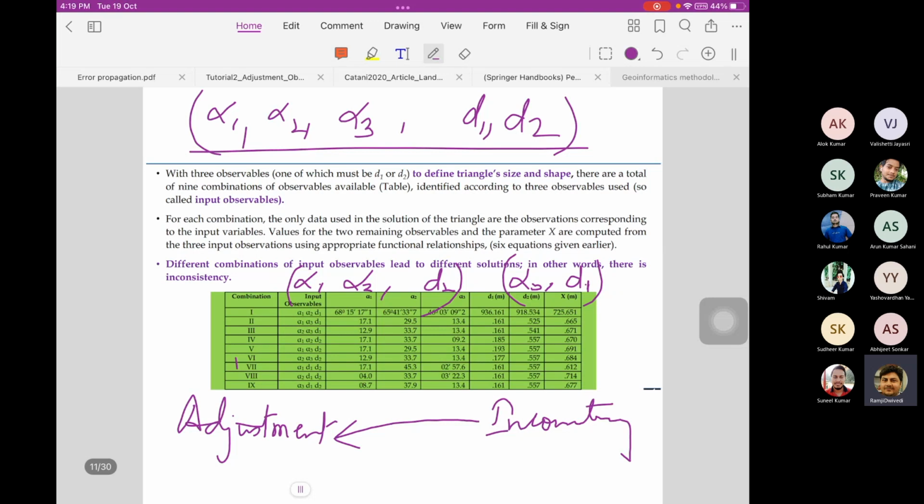What will happen in terms of average? You are mixing good quality observations with bad quality observations. You are committing another error. Then what will you do? Have you thought of it?